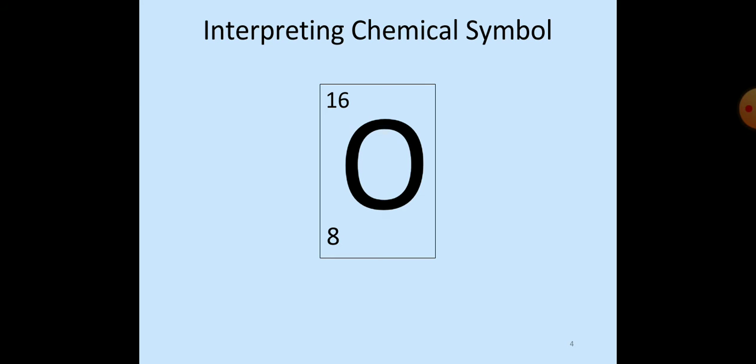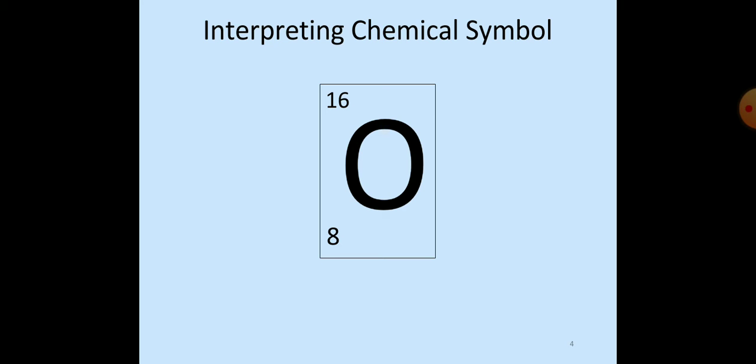Next. So now, let's interpret oxygen. So another chemical symbol, oxygen. So as you can see, nagbaliktad ngayon yung position ni atomic mass and atomic number. Pero kahit naman magbaliktad yan, madali nyo naman ma-identify kung sino si atomic mass and atomic number. Si atomic number is less than the atomic mass, of course.